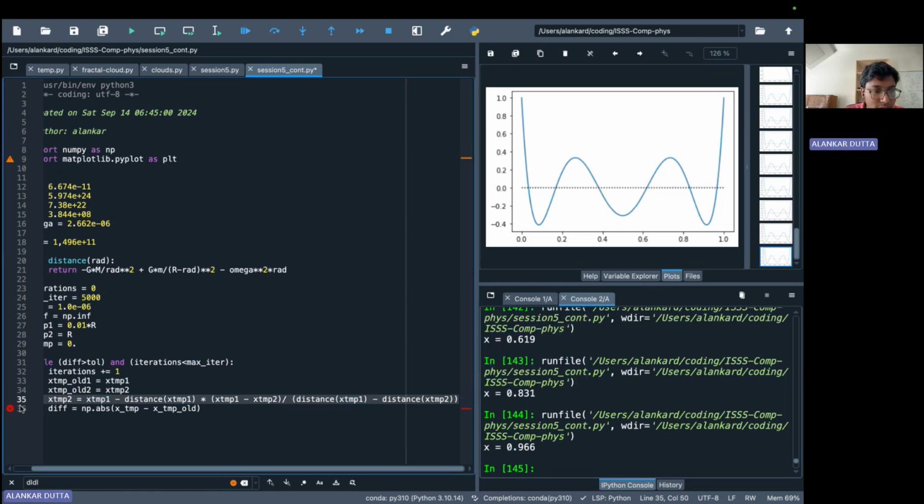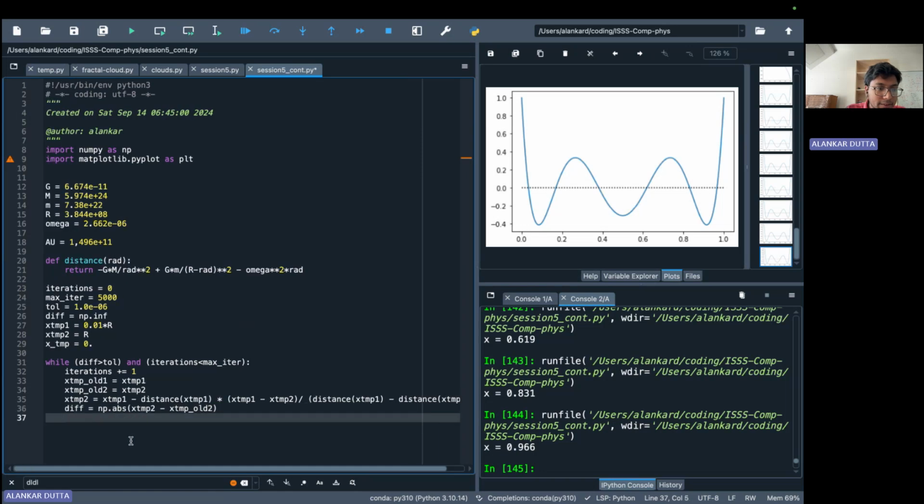Okay, so this is it. And then difference is the xtmp1 minus xtmp old 1, old 2, and I mean, anyone will do. So, yeah. Let's see if we are able to get it or not.